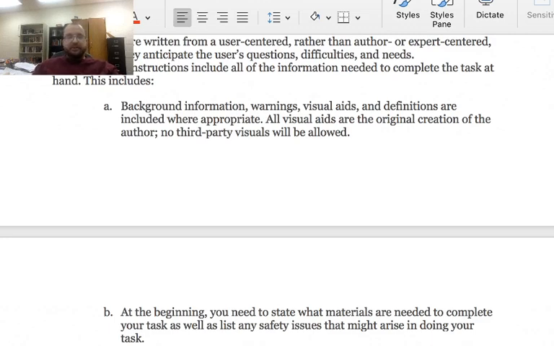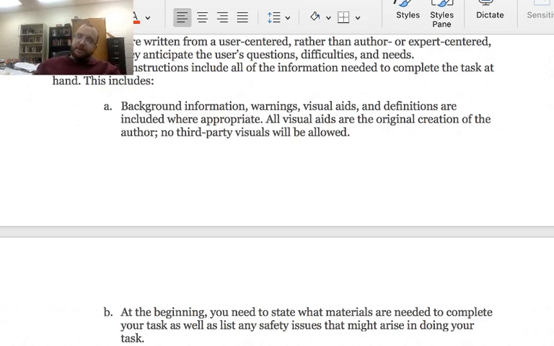Basically what I'm asking for here is I want you to be able to do your task. So whenever you do your presentation, I want you to be able to use your own pictures. So let's say that you do a recipe. I want you to actually do the recipe yourself, take pictures of each step, and then include them in your slideshow, or in your written documents.